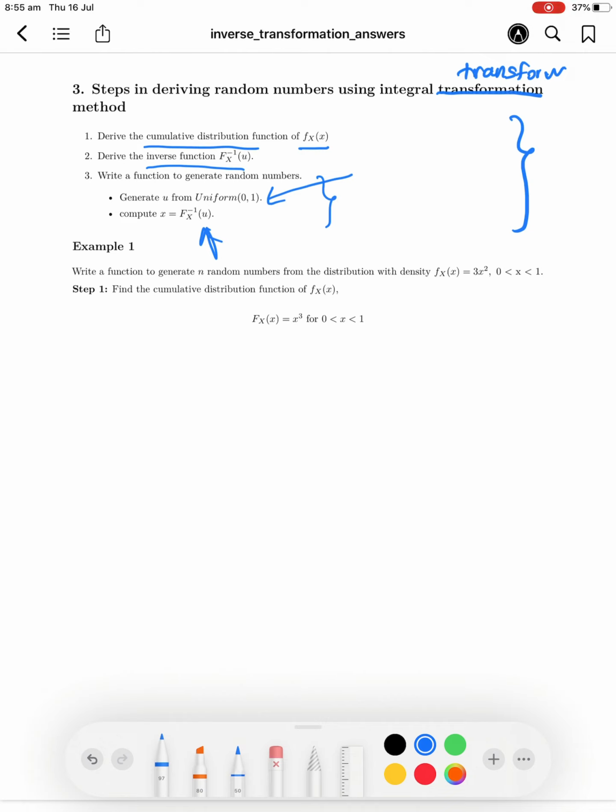So here is the first example: write a function to generate n random numbers from the distribution with density f_X(x) equals 3x squared, where x is between 0 and 1. In step 1, we need to derive the CDF.